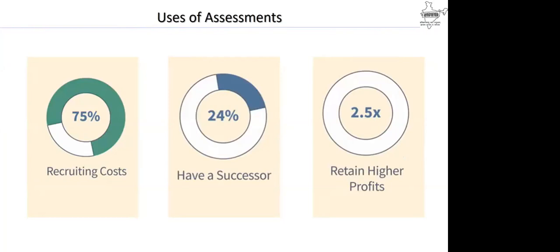They may not be well-known psychological tools, but everybody has created some kind of assessment of their own, and 75% are doing it. People have also identified successors, and again, assessments are used to identify successors.